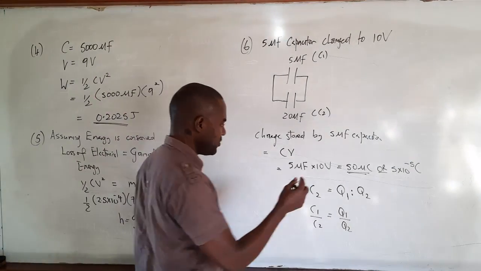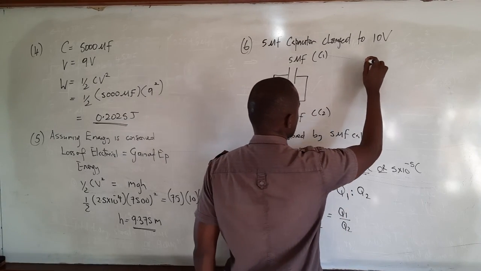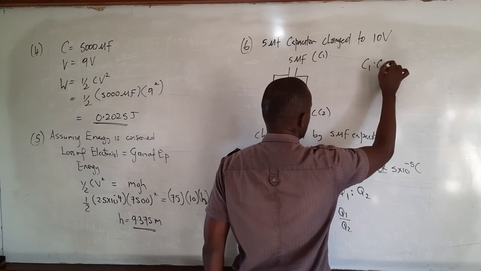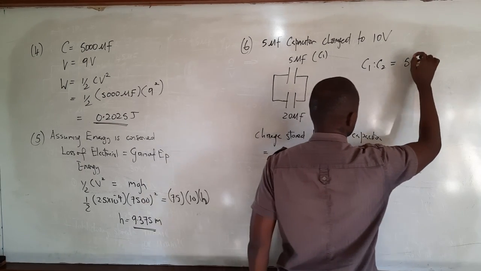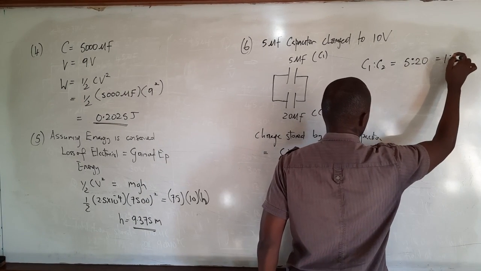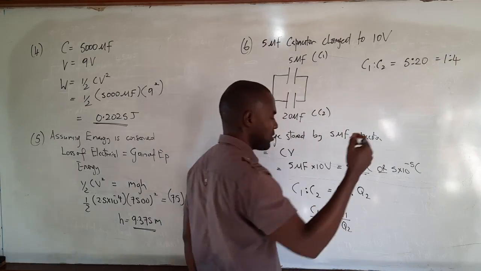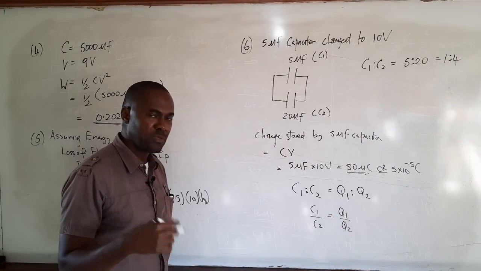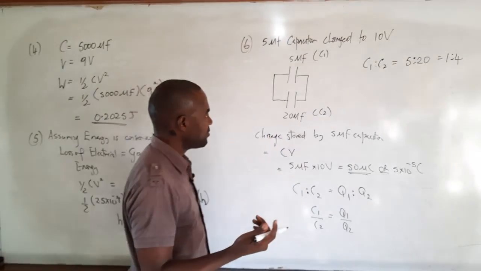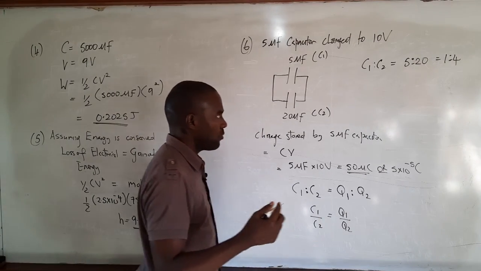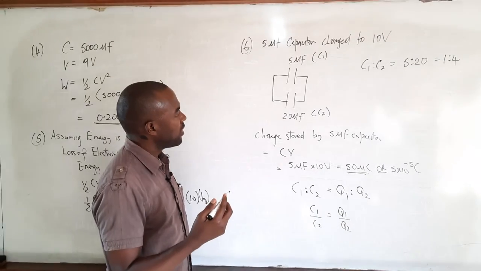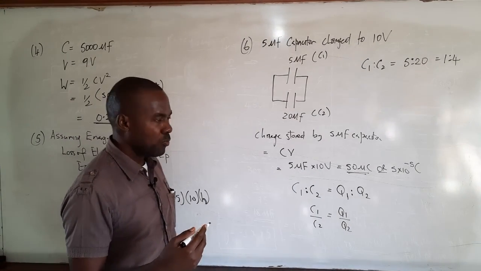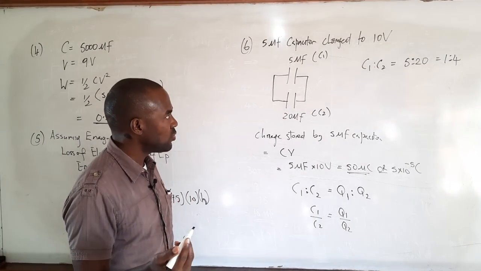So we can say that C1 to C2 would be equal to 5 to 20, which if we simplify gives us the ratio 1 to 4. So therefore, the charges stored will also be in the ratio 1 to 4, which means that the smaller capacitor will store 1/5 of the total charge, and the larger capacitor will store 4/5 of the total charge.